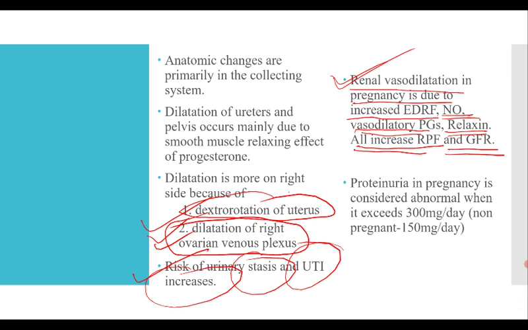Because there will be vasodilatation, that will cause an increase in renal plasma flow, that will cause an increase in glomerular filtration rate. Proteinuria in pregnancy is considered abnormal when it exceeds 300 mg per day. In a non-pregnant woman, 150 mg per day is the limit.